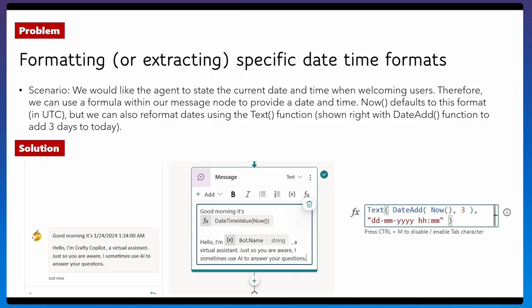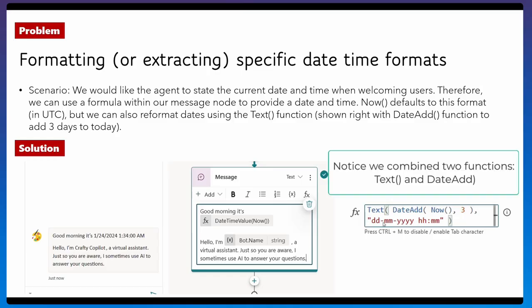Because, for instance, there is a built-in formula for date time value for now, which will give you today's date and time. But if you want to format that differently, and that's a formula, see date time now, but if you wanted to format that in a special way, you could use the text function, and then it's going to just format it day, month, year, hour, minutes, okay?